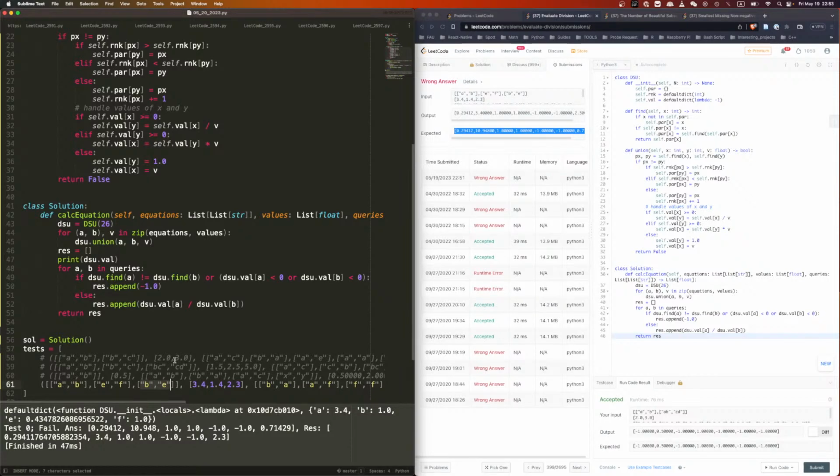Are you saying we need to treat this as a graph? I think that's what it's saying. We should treat it as a graph. A to B has a value 3.4. It's a directed graph. A to B has this value. E to F has this value.